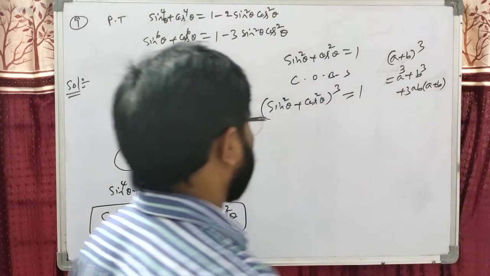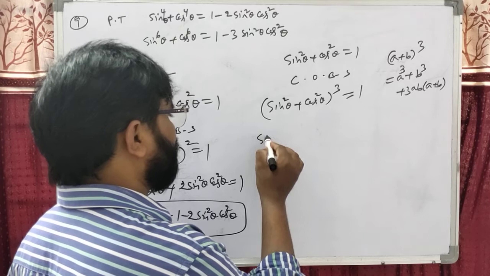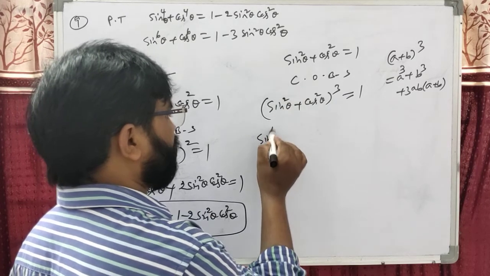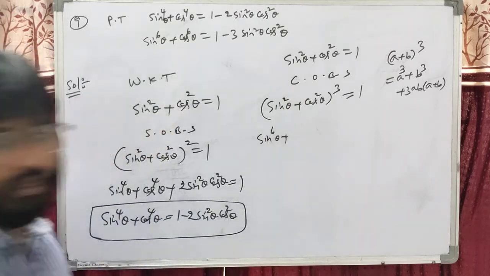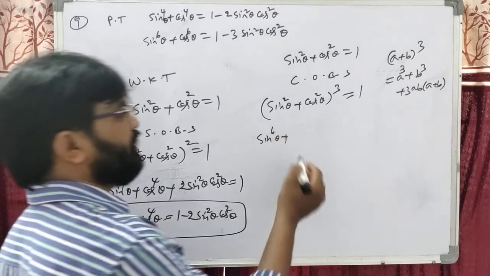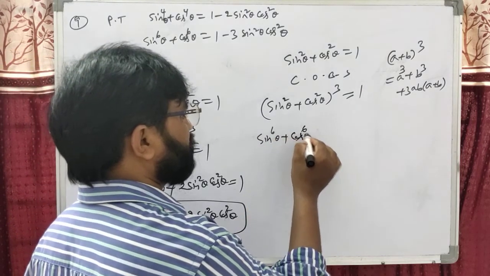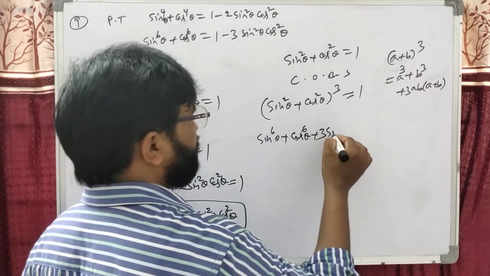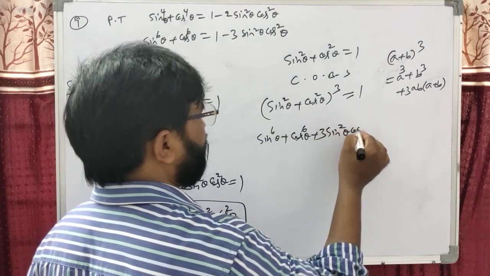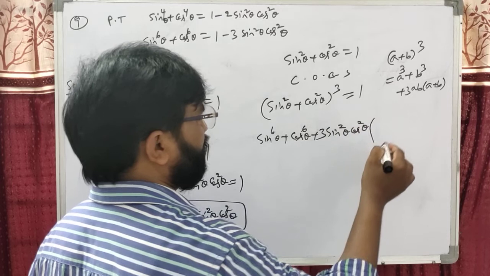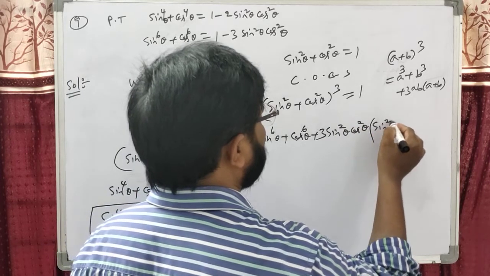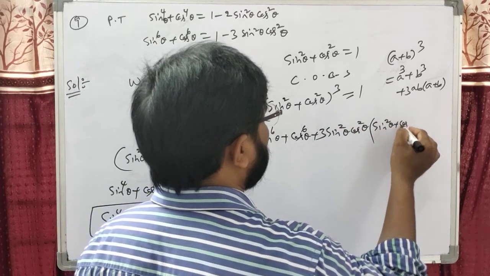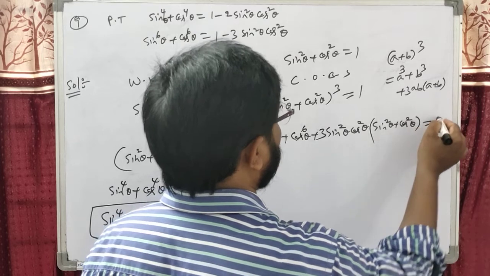This is the formula. Therefore a cube is sin square theta whole cube, sin power 6 theta. B cube is cos square theta whole cube, cos power 6 theta. 3ab is 3 sin square theta into cos square theta, and a plus b, sin square theta plus cos square theta, equals 1.